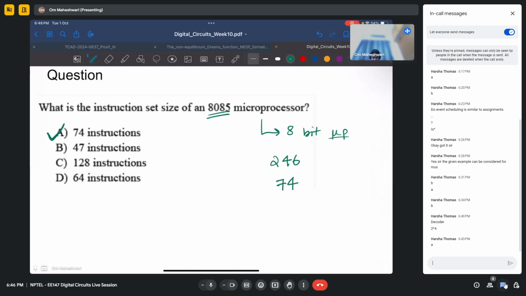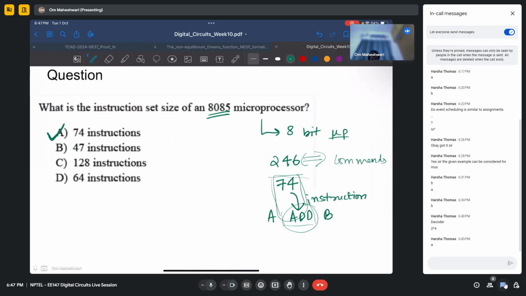What are instructions? Let's say I call it A, add B. This add is an instruction, and some variations of all these 74 instructions are already stored in these 246 commands.